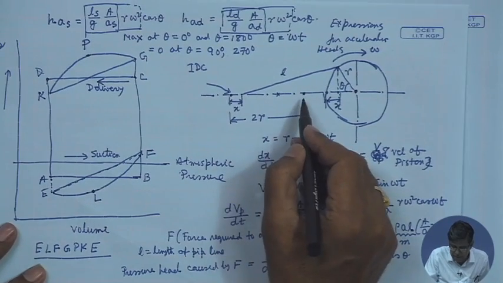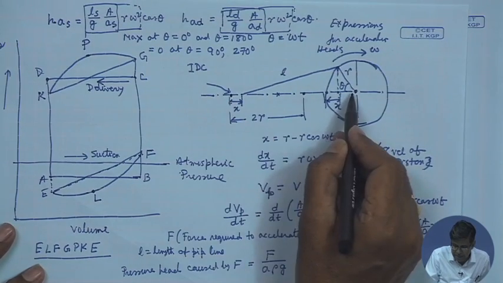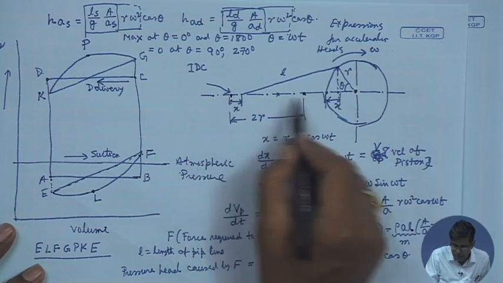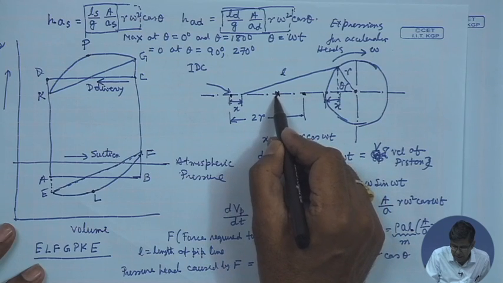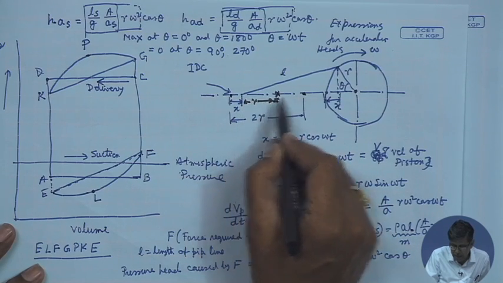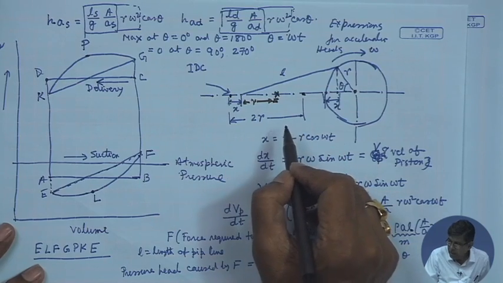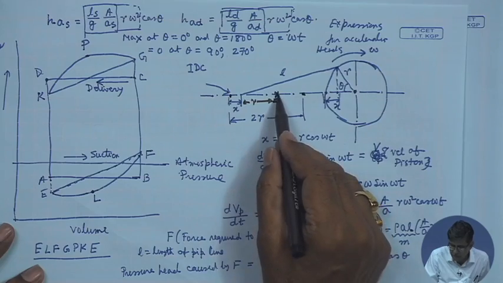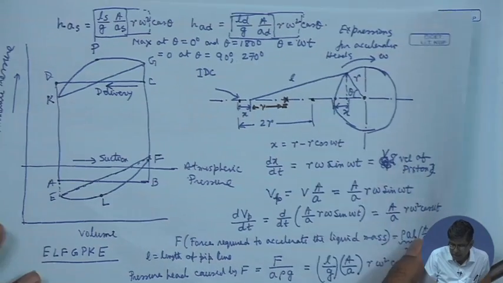That means the movement is like this: at the dead centers, inner and outer, we have maximum acceleration, and at the middle of the stroke, that is r, we get the maximum velocity, but the acceleration is 0.